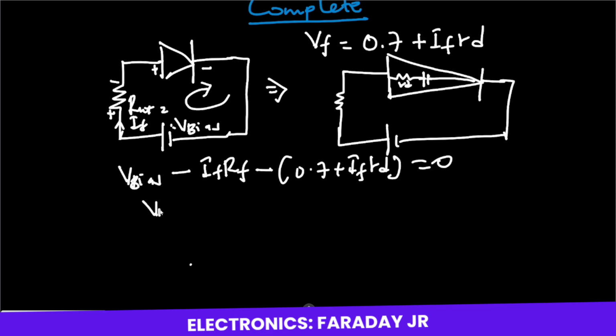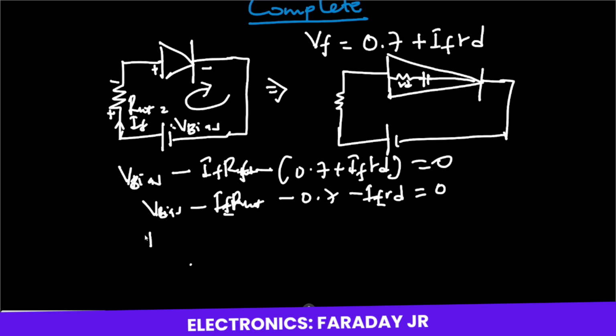Now we have our V bias here, and we have IF here, so we need to make IF the subject. We have V bias minus IF R limit, minus 0.7, minus IF RD, equal to 0. We are looking for IF, so we move the IF terms to the other side of the equation.